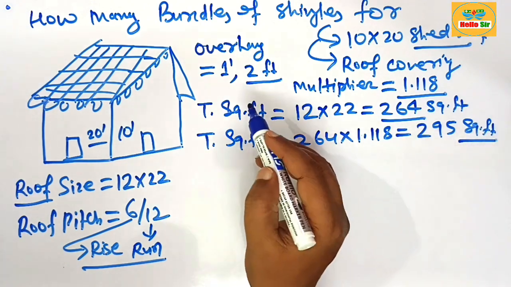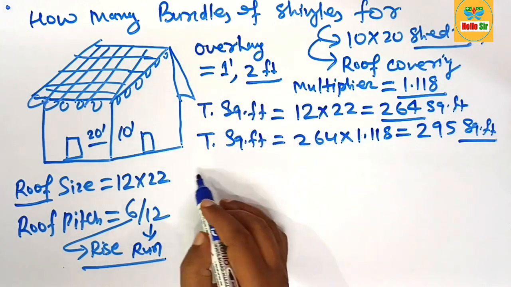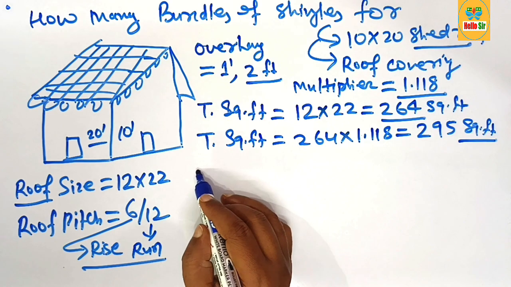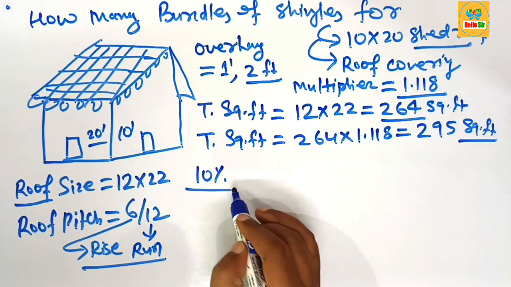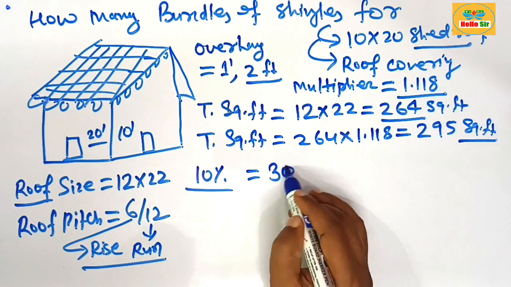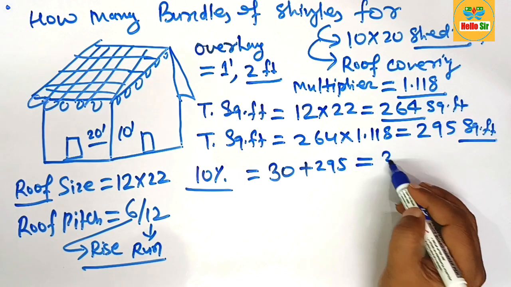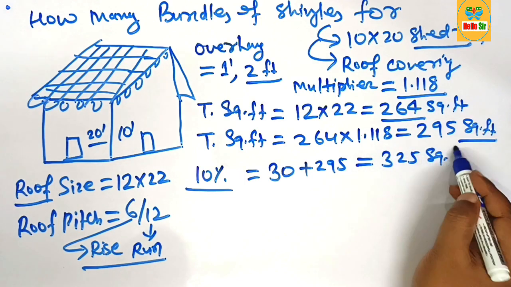Some shingles material is damaged during transportation, storage and installation, so it will roughly take about 10% for damage. 10% of that is about 30. You just add that to 295, which equals 325 square feet.